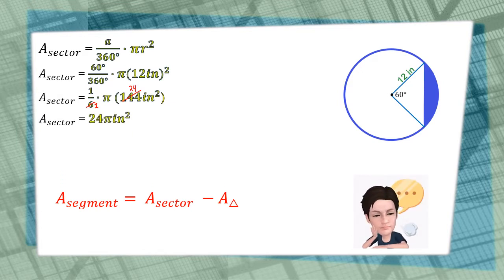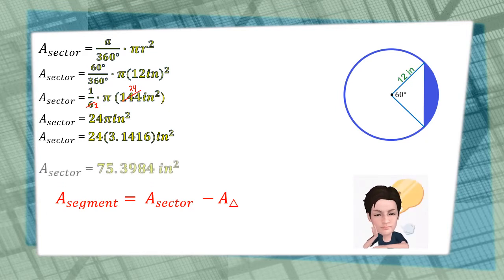With that, if we multiply, 1 divided by 1 is 1, so there's no need for us to write it anymore. So pi times 24 inches squared, we will have 24 pi inches squared. But of course, this is not yet our final answer because we are advised to multiply it with the approximate value of pi that we are using, which is 3.1416.